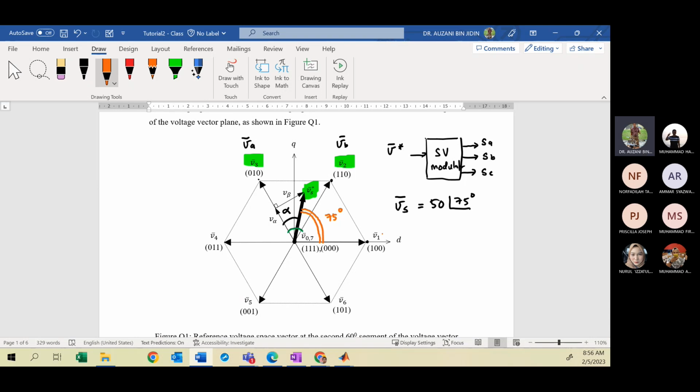Of course it must be 120 degrees, right? So from here, you can calculate the alpha. Alpha is the difference between 120 degrees and 75. What is the value? 45, right? 45 degrees.